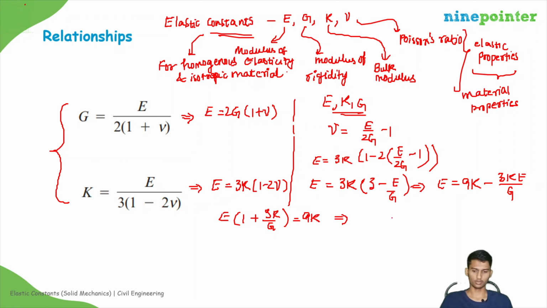So this will give us E is equals to 9KG divided by 3K plus G. Okay. So this is the relationship between E, K, G. So these are two independent relationships.